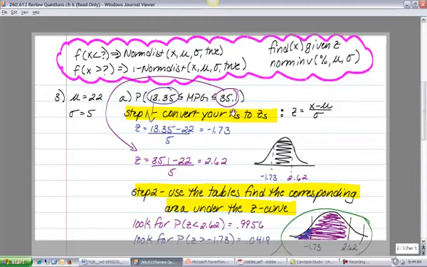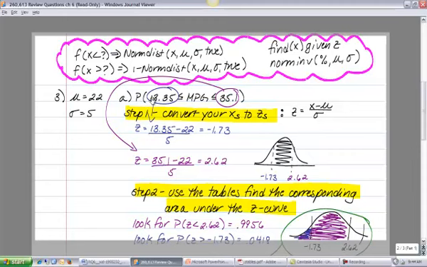The 35.1 you now see in purple, I'm going to do that conversion. 35.1 minus 22, that quantity divided by 5, is going to give you a corresponding z-score of 2.61. So I want to convert my probabilities in terms of x's into probabilities in terms of z.